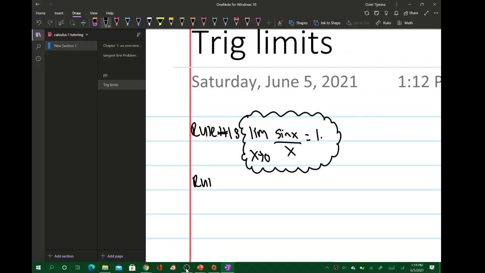Rule number 2 is the limit as x approaches 0 of 1 minus cosine x over x, and that equals 0.